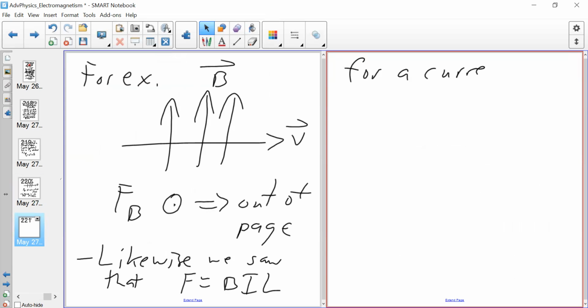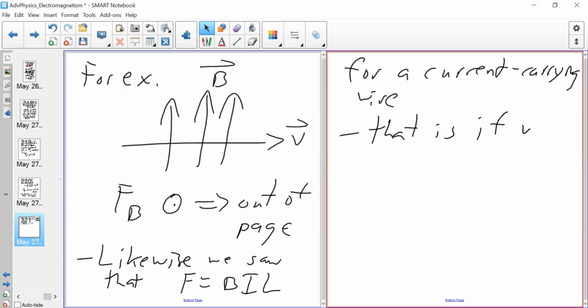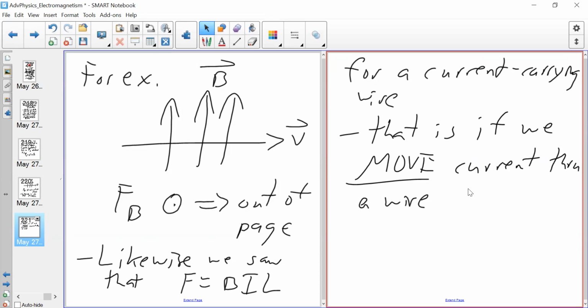For a current carrying wire, that is, if we move current through a wire, and you'll see why I emphasize the word move, we move current through a wire in a magnetic field.